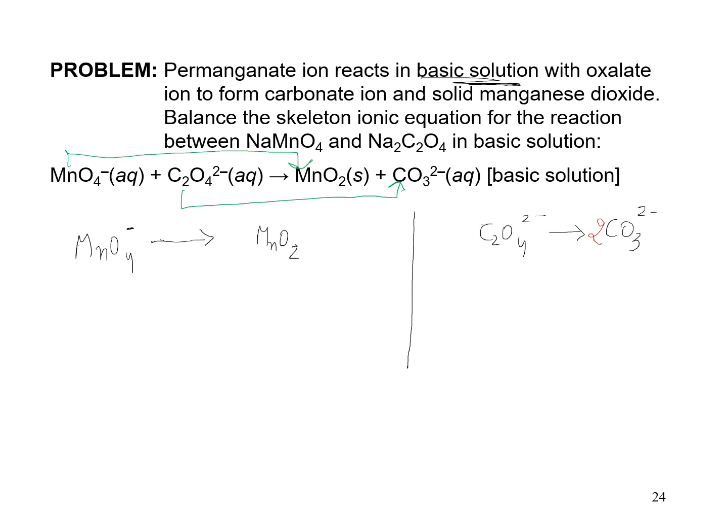Third step, balance oxygen by adding water. So how many oxygen here? 4. How many oxygen here? 2, which means I need 2 extra oxygen on this side. How will I add that? By adding water to each oxygen. Remember, each oxygen you need 1 water molecule. So 2 oxygen, I need 2 water molecules. Perfect.